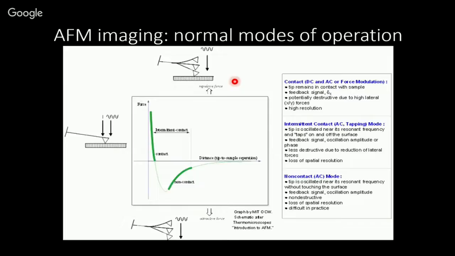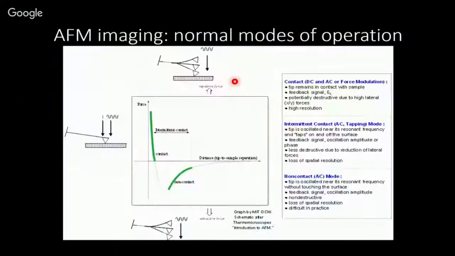And if you're tapping, you're avoiding that, right? So you're minimizing the drag and the artificial signal you would get from that. And when you have a very robust sample, like a nanomaterial of metallic or ceramic nature, then it's totally fine. Then you can just use the regular contact mode.